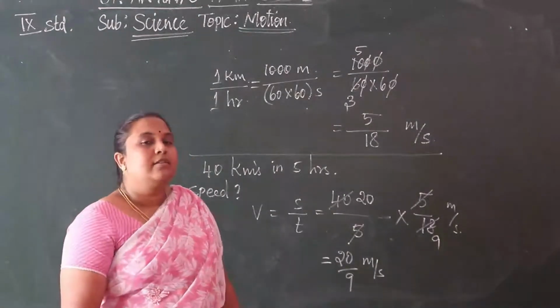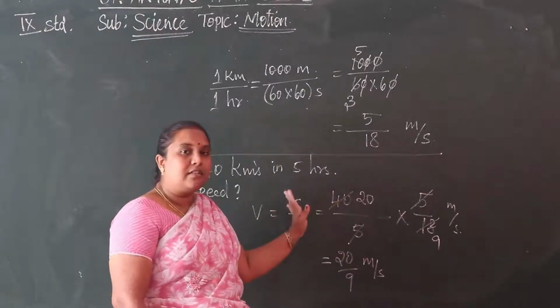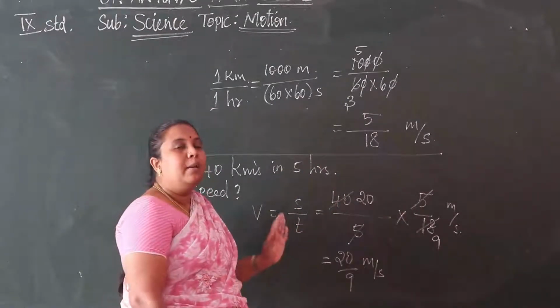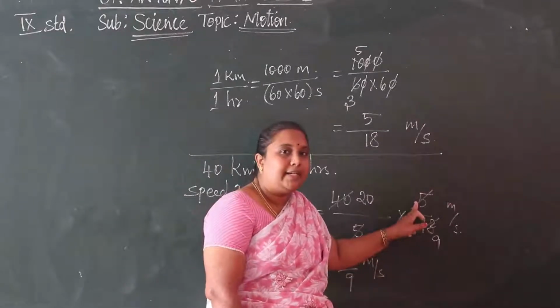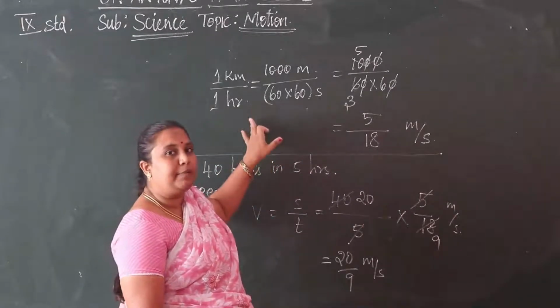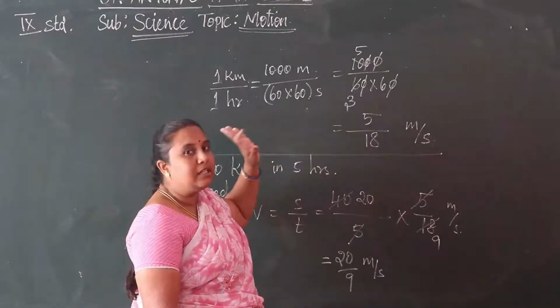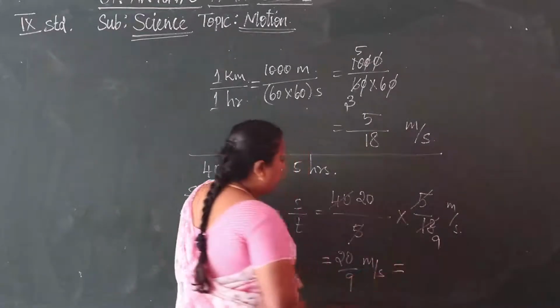If there are kilometers per hour, we want to change that into meter per second by multiplying by 5 by 18. Why are we using 5 by 18? That I explained here: the conversion factor of kilometer per hour into meter per second. Understood, children?